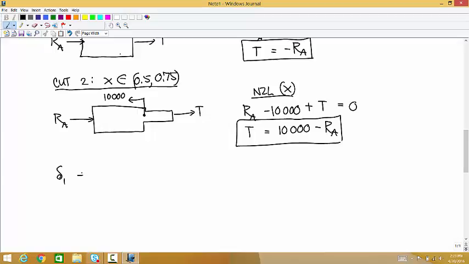For the first piece, the formula we're using says the elongation is TL over EA. So we have negative RA times L of 0.5 divided by E, 100 times 10 to the 9. And then A was 0.01.